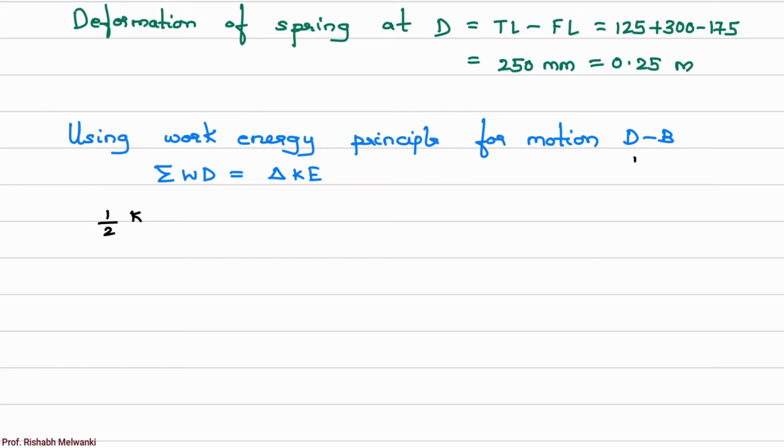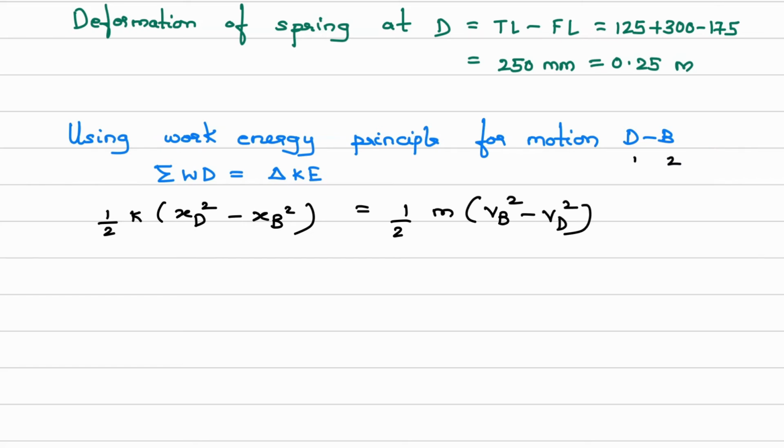It is point D and x2 is point B. So we write xD square minus xB square. This is equal to half m (vB square minus vD square), the change in kinetic energy.